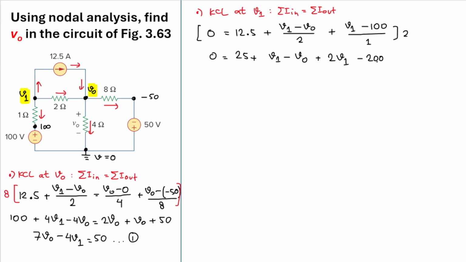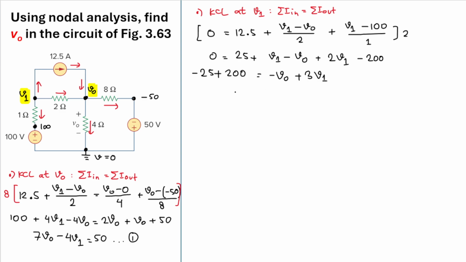Okay, now what can we get from here? I think we can move this 25 to the left hand side. So I'll have minus 25 plus 200, and that will equal to minus v0, and then plus 3v1.